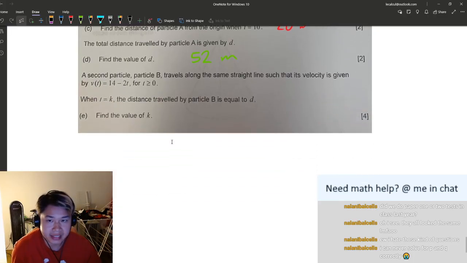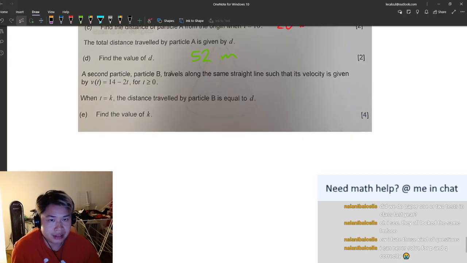Then a second particle travels along a straight line. Here's its linear velocity. And when t is k, the distance traveled by particle B is the same as the other one.